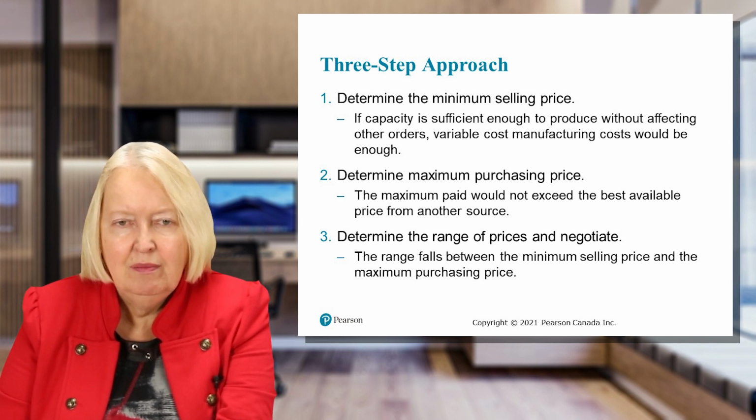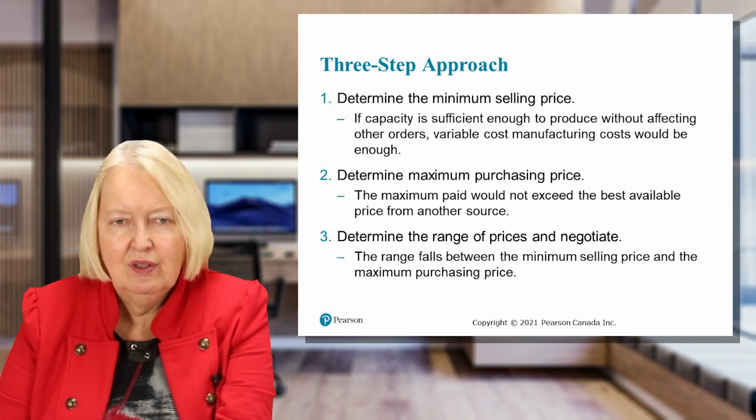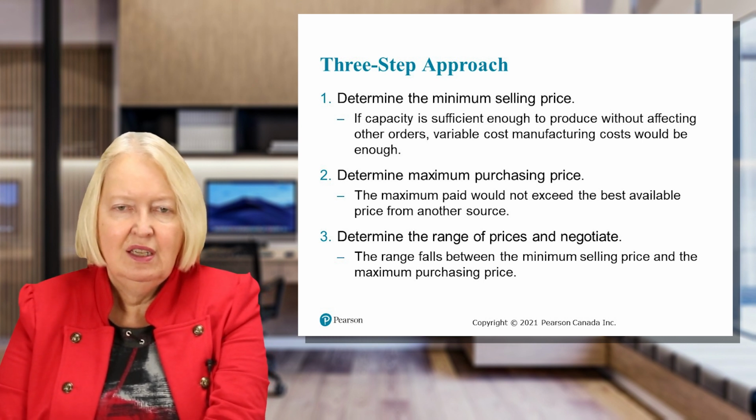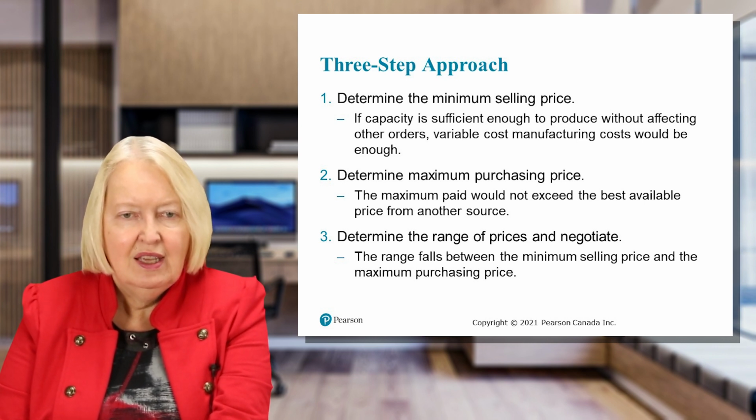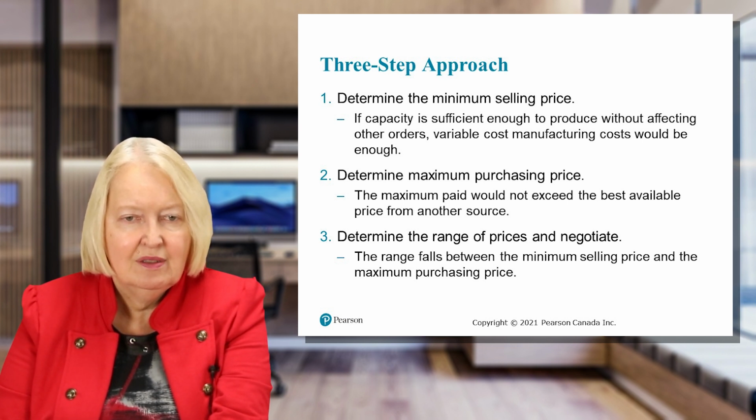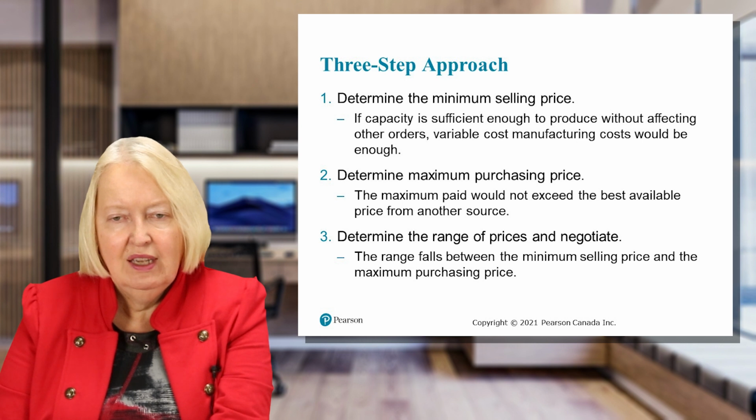You would have to look at the minimum selling price. In other words, if you have the capacity to produce enough of the product that the department is looking for without affecting other orders, then variable manufacturing costs would be sufficient to set your minimum selling price. The maximum purchasing price should be what you would have to pay from another source.